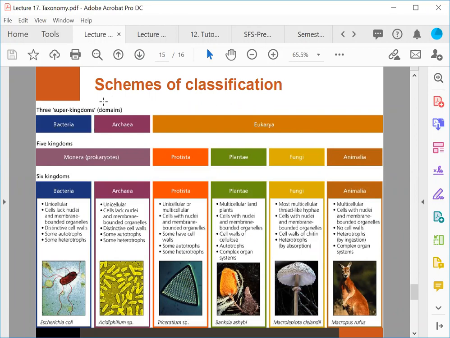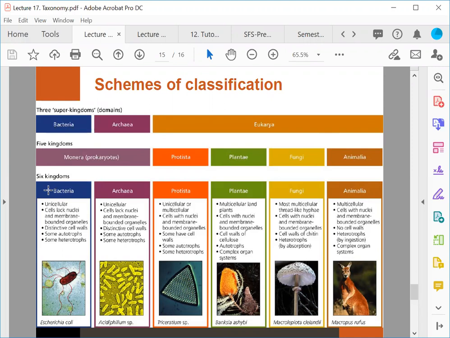So let's take a closer look at the kingdoms and the different schemes of classification. At the top here, we've got one system that recognises 3 super kingdoms. All the eukaryotes are placed into kingdom Eukarya, and then our prokaryotes are placed into these 2 super kingdoms, Archaea and Bacteria. This one here is quite popular, the 5 kingdom system, where all the prokaryotes are placed into one kingdom called Monera, and then the eukaryotes have separate kingdoms.